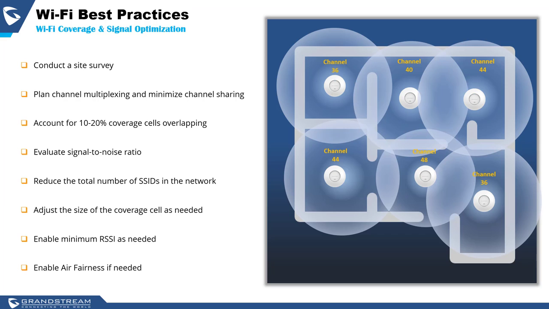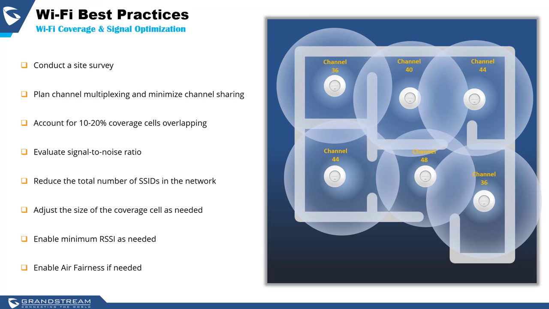As you might already know, the 5 gigahertz band provides more non-overlapping channels than 2.4 gigahertz, which only has 3 non-overlapping channels. We're talking about channels 1, 6, and 11. In this example, we are using 4 5 gigahertz non-overlapping channels: 36, 40, 44, and 48.